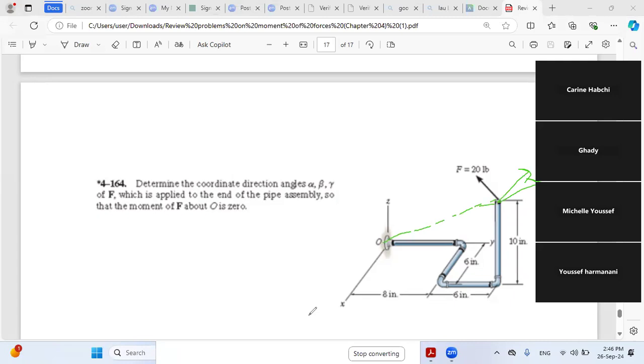So what should be the unit vector of the force? Since it's passing by O and it's passing by this point here, we call it A, let's say, then the unit vector of F should be OA. Now, all you have to do in this problem is to find the coordinates of the unit vector of OA.